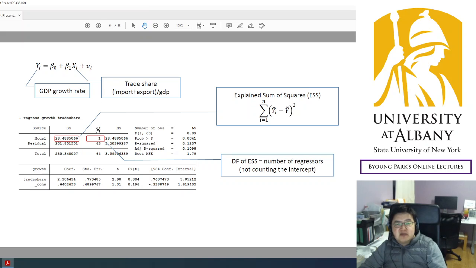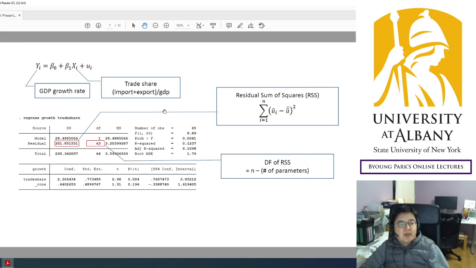So the degrees of freedom for the explained sum of squares is 1. It is a little bit not straightforward, or you may understand this as the difference between the other two. So okay, just take it, and the mean square is automatic, just their ratio.